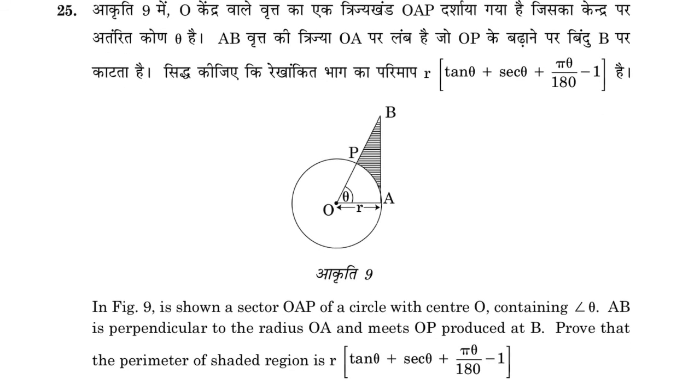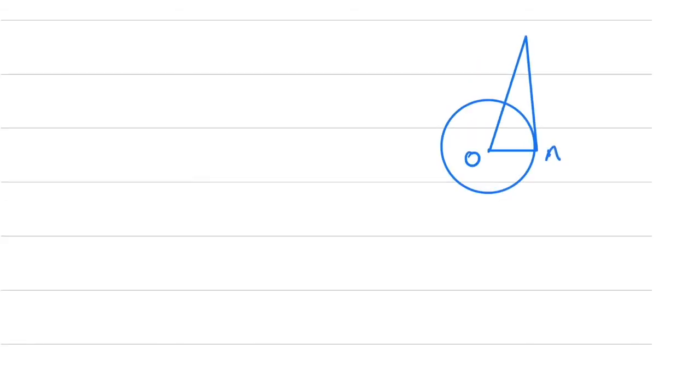25th question. In this question, we are given a figure which has a circle with center O, and we have a triangle here, A, B, P. This angle is theta, and AB is perpendicular to the radius OA.